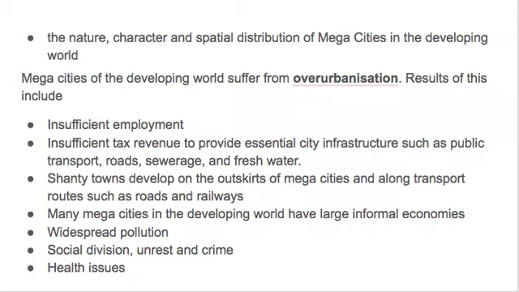There's widespread pollution, and that's related back to the poor infrastructure. Lack of organisation on the behalf of the city councils. There's social division and unrest. There might be particular social groups in close proximity, crime because of a poorly functioning police system, and of course you've got your health issues related back to the living standards in these overcrowded cities.